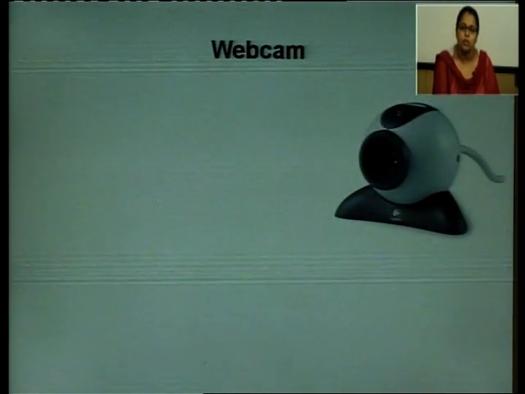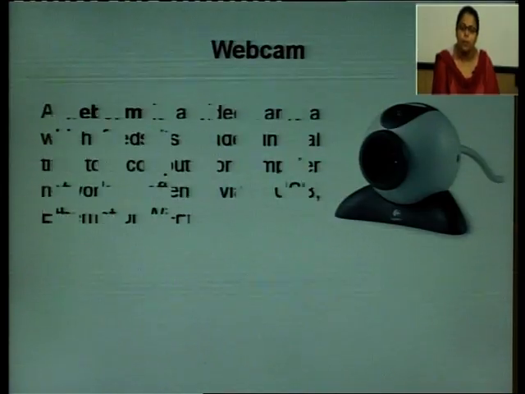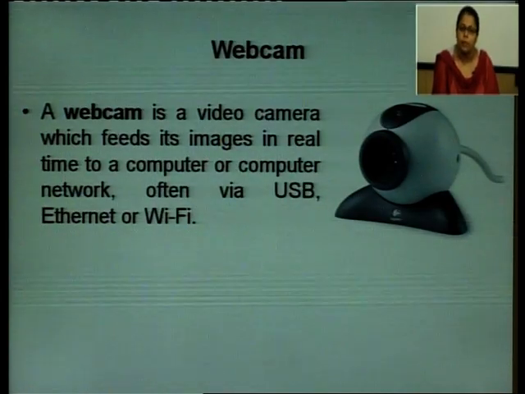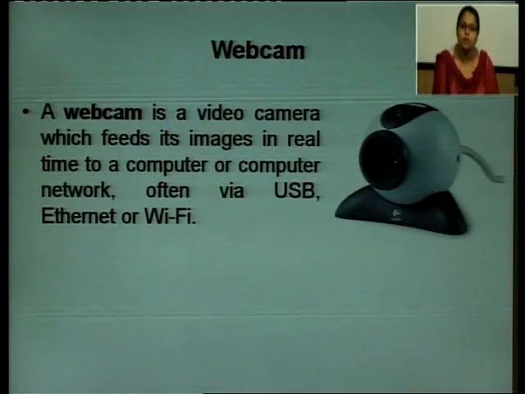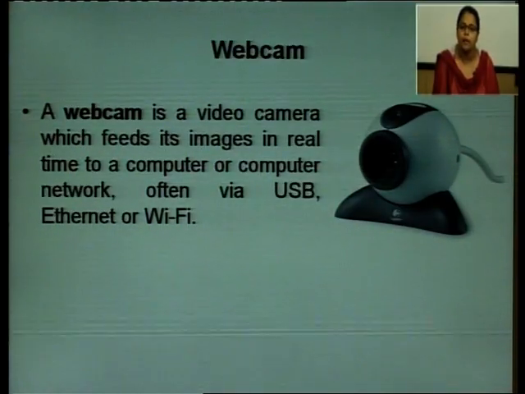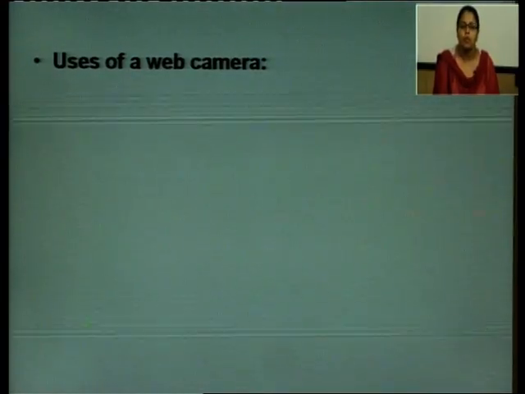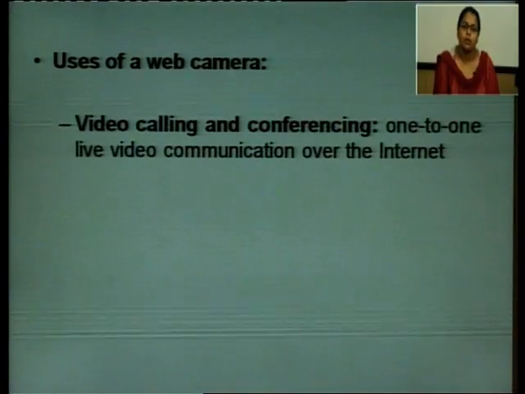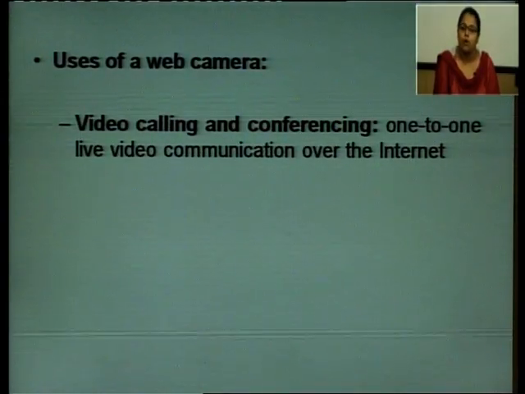Next imaging device is the webcam. It is a video camera which feeds its images in real time to a computer or computer network, often by USB, Ethernet or Wi-Fi. The uses of a web camera in multimedia applications include, for example, video calling and video conferencing, that is, one-to-one live video communication over the internet.